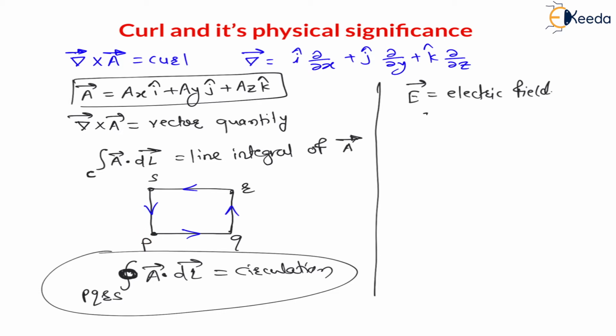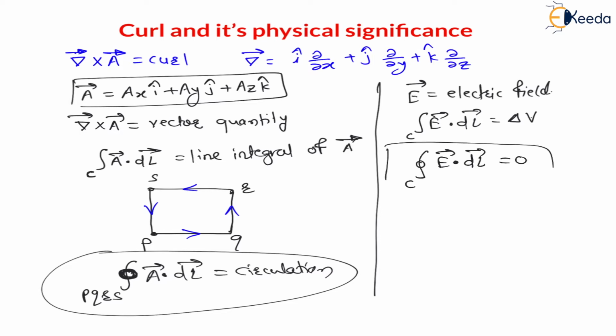Here the line integral of the electric field over a curve, E · dl, is nothing but the potential difference, the voltage difference, ΔV. It is also called potential difference. And my dear students, for a closed path, this line integral of the electric field will be 0, because for a closed path the starting point and end point are the same.